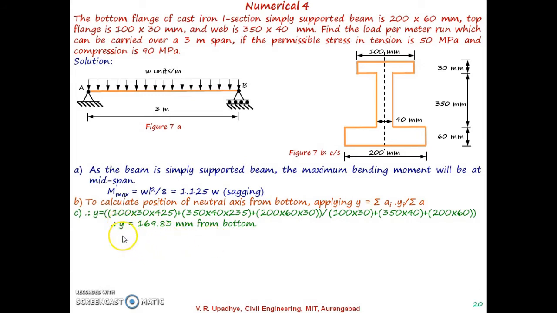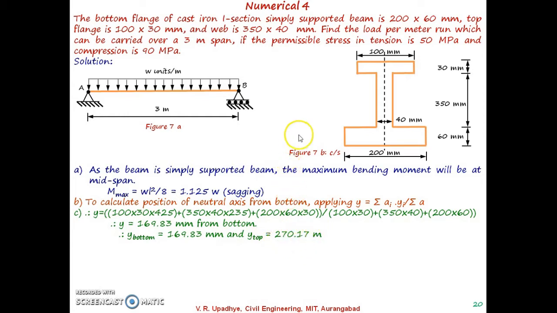So that gives us y equal to 169.83 millimeter from bottom. As we have taken moment of all areas about the bottom, this distance of the neutral axis is from bottom. So we can write y bottom is 169.83 millimeter, and from the complete depth, that is 350 plus 60 plus 30, if we deduct this 169.83 millimeter, we can write y top, that is 270.17 mm.